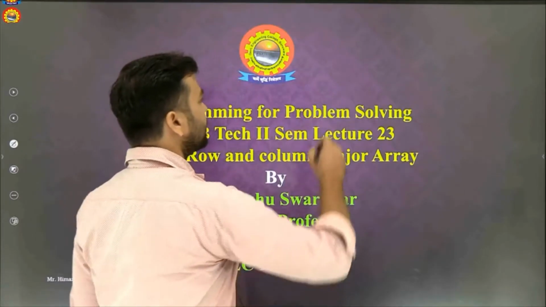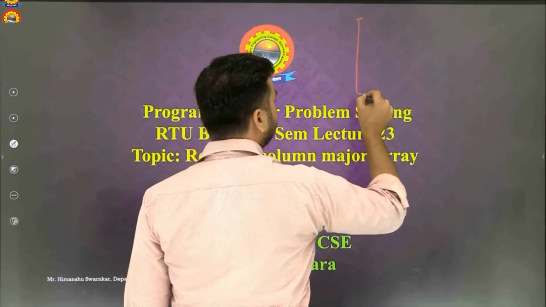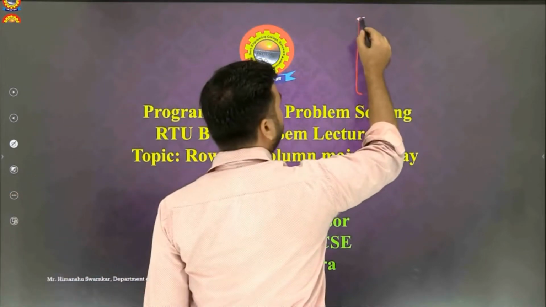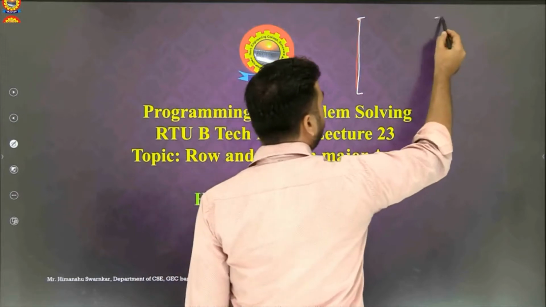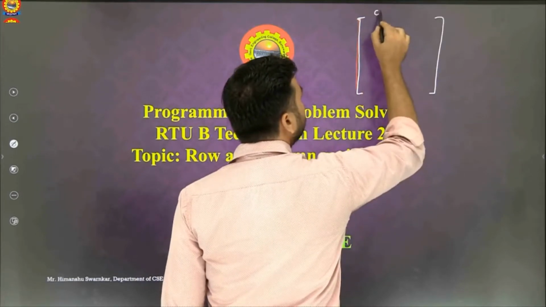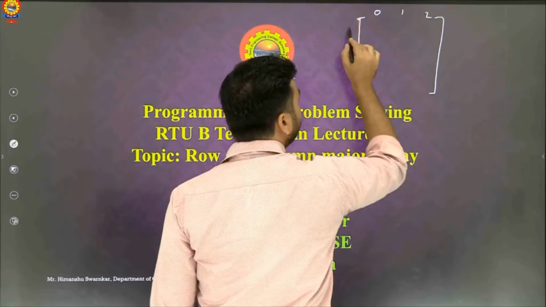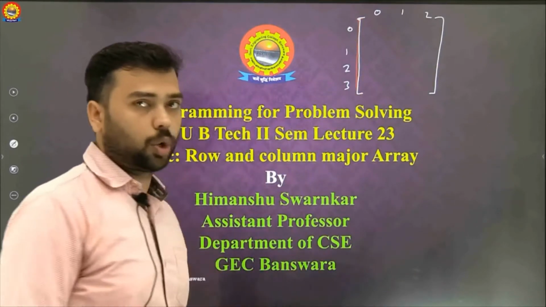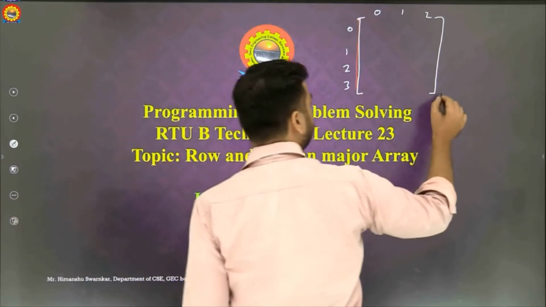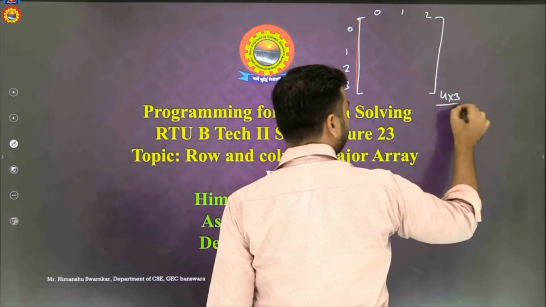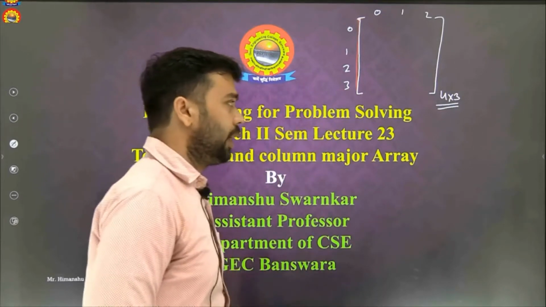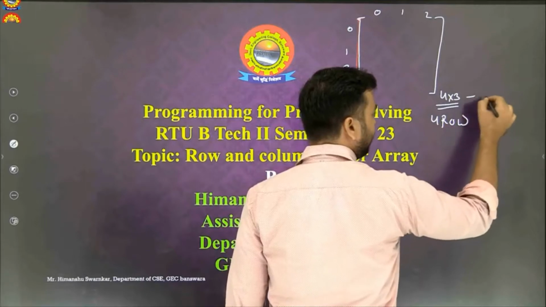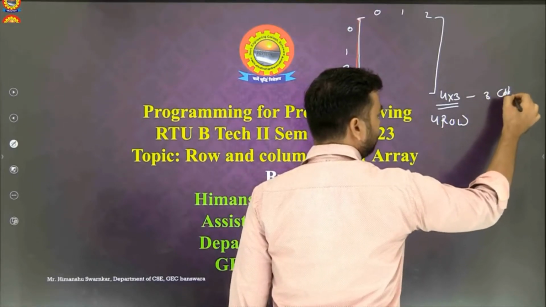So suppose we have a matrix of 4 cross 3, in which we have 4 rows and 3 columns.